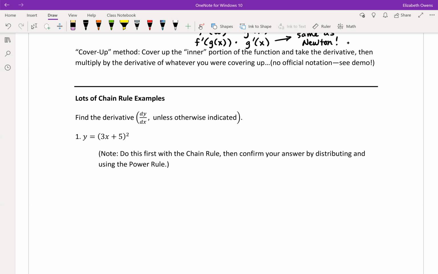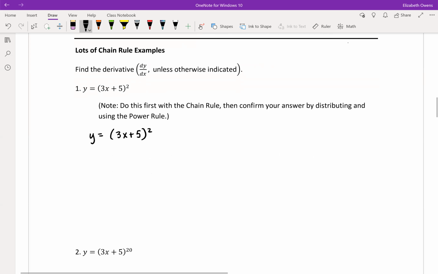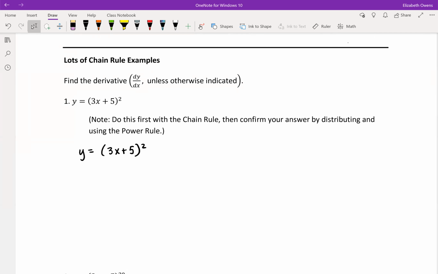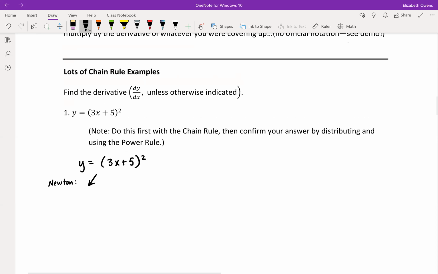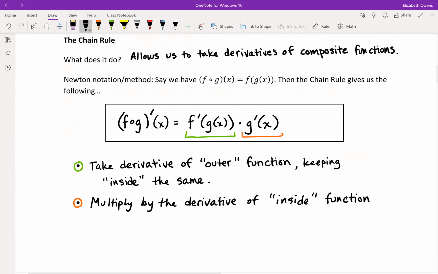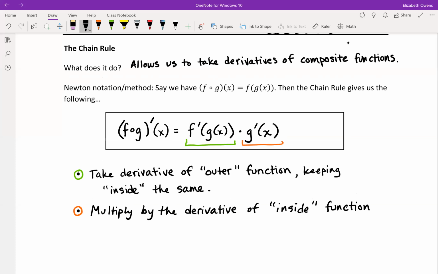All right. So y equals (3x plus 5) squared. Okay, and I'm going to do this one in every notation for you, starting with Newton. So with the Newton notation, you are looking at a composition f of g of x.